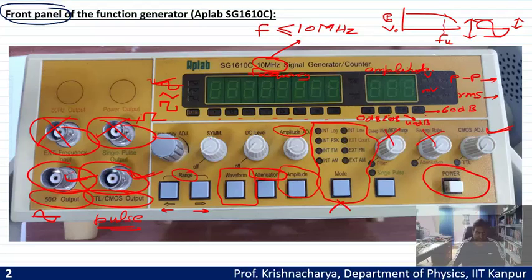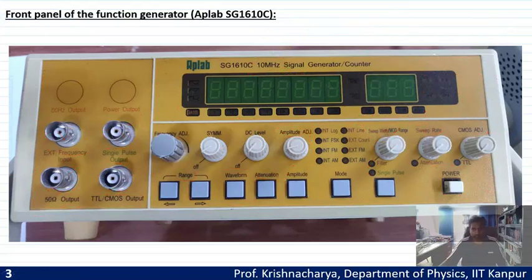There are a few things which I have left: this symmetry and the DC level. So let me come to that. What is the meaning of symmetric and DC level? For example, let's say you are taking output from this 50 ohm output impedance, and you are using a sine wave.